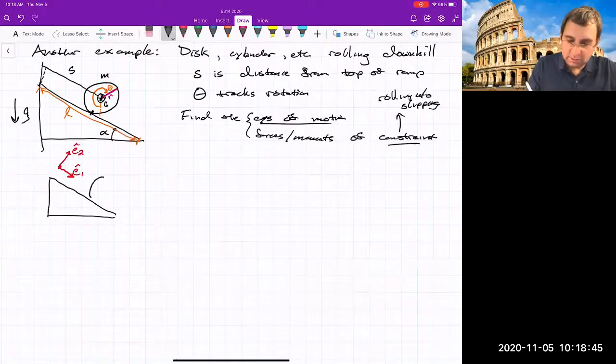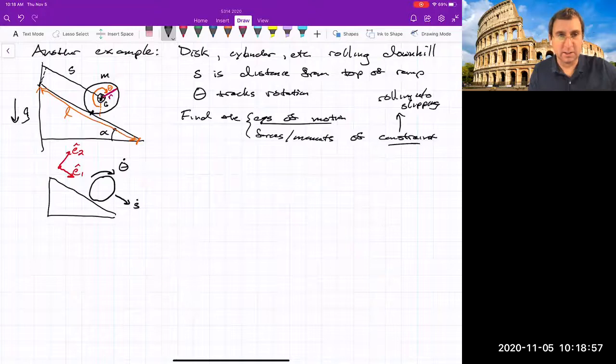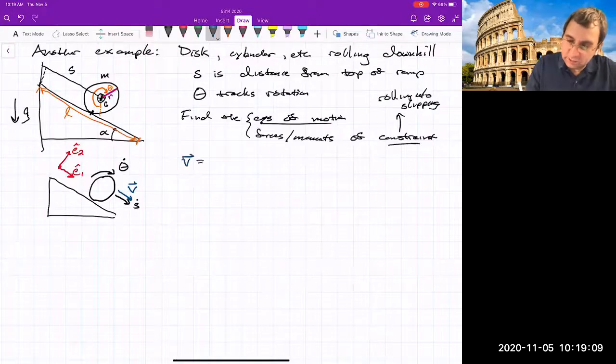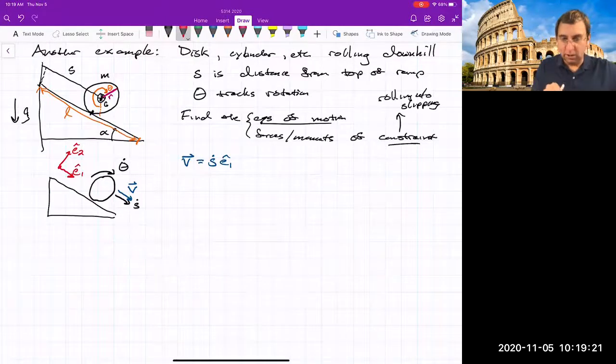As this disk is rolling, this angle theta will be increasing and S will be increasing. So it'll be S dot. The translational velocity is going to be S dot in the E1 direction. What about the angular velocity? If I've written E1 that way and E2 the other way, then I need an E3 to have a triad.